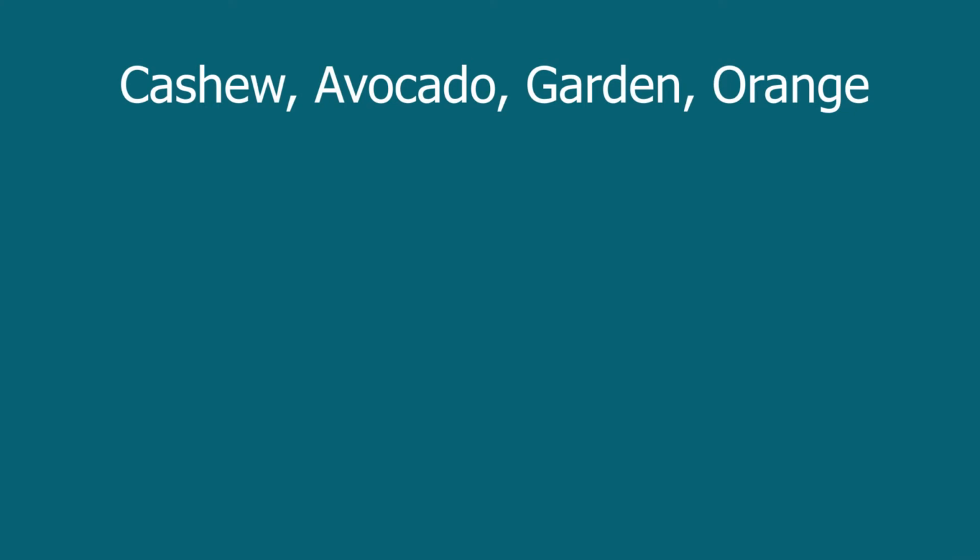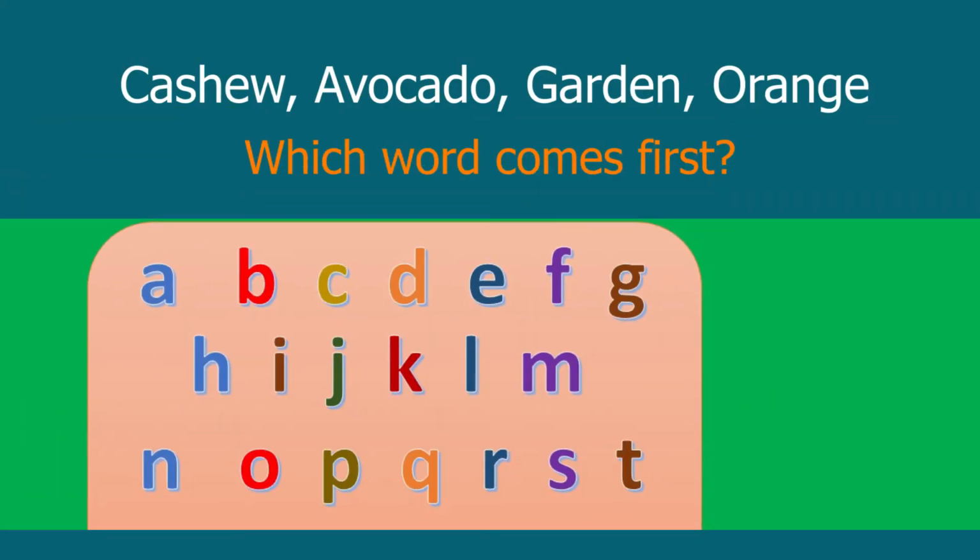Take a look at these words: cashew, avocado, garden, orange. I'll call them again: cashew, avocado, garden, and orange. Now you have your chart. And based on the order of the letters in the alphabet, which word would you say comes first?